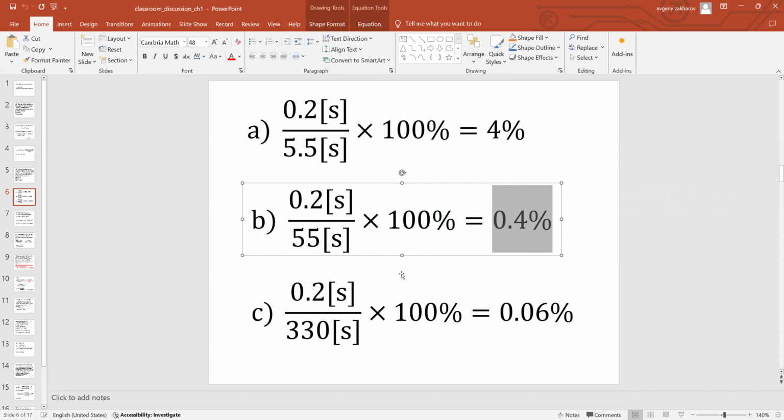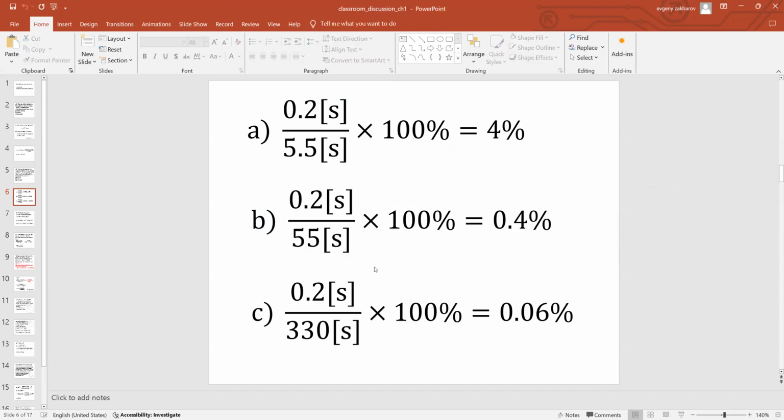So your human reaction time is actually a big deal. And the larger the time interval you want to measure, the less important human reaction is. That should make sense.